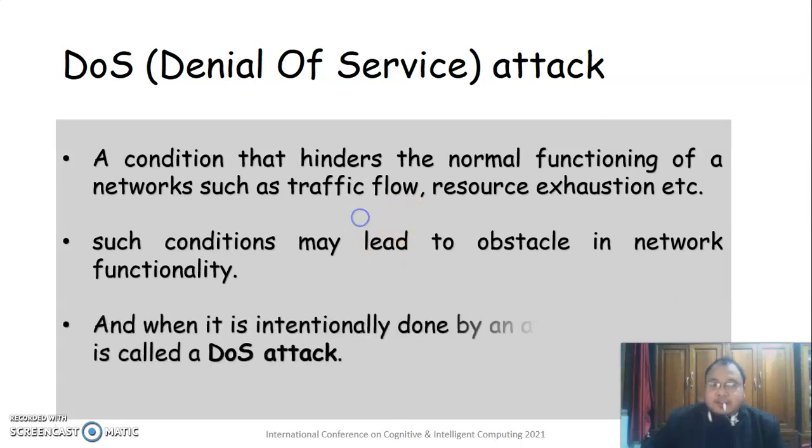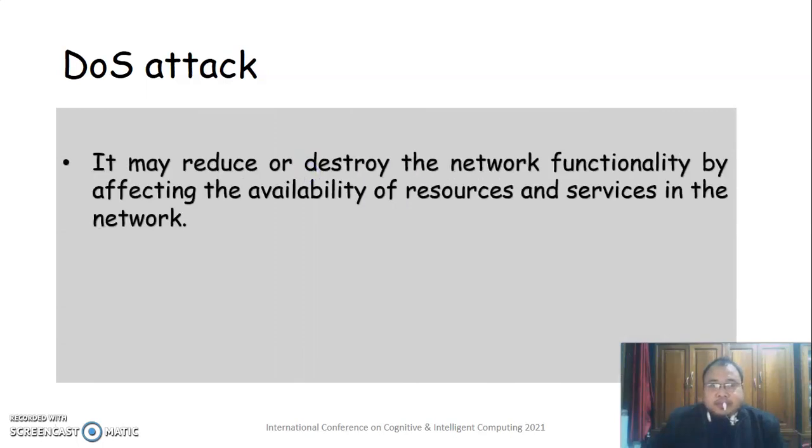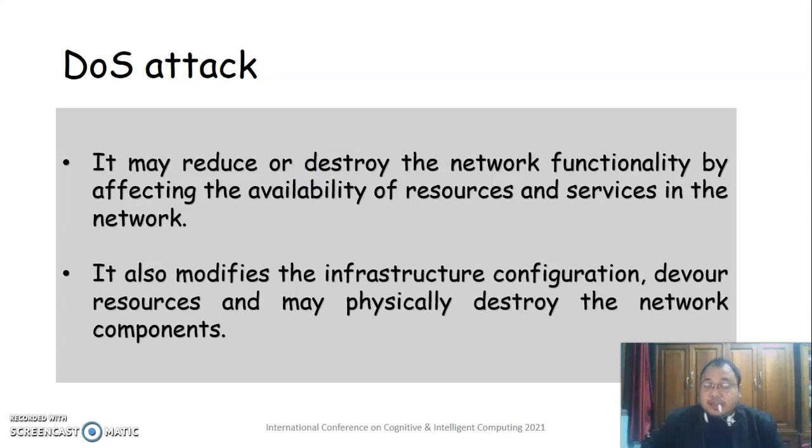And if these conditions are created intentionally by an attacker, then this is called a DoS attack. Such an attack may reduce or destroy the network functionality by affecting the availability of resources and services in the network. It also modifies the infrastructure configuration, devours resources, and may physically destroy the network components.